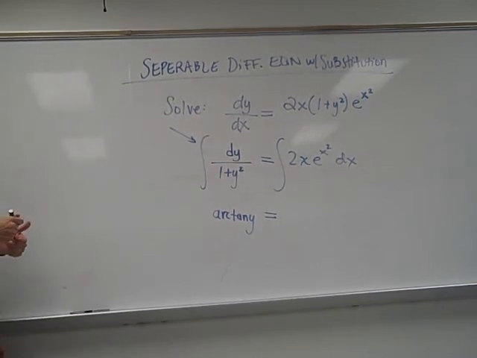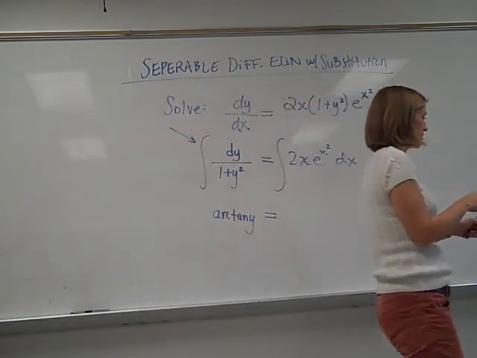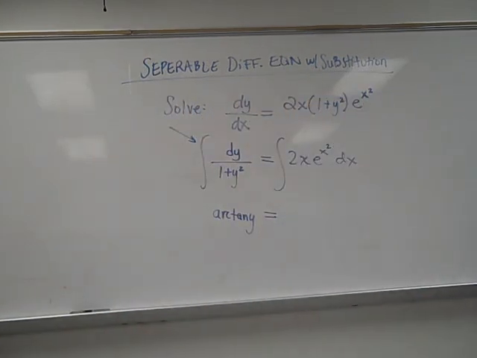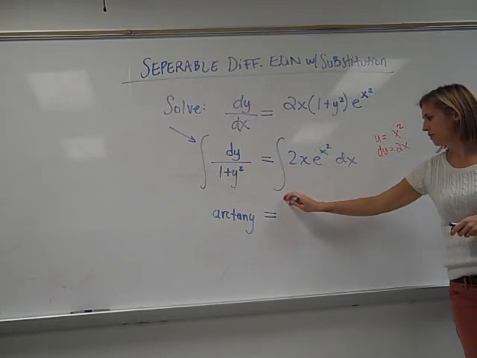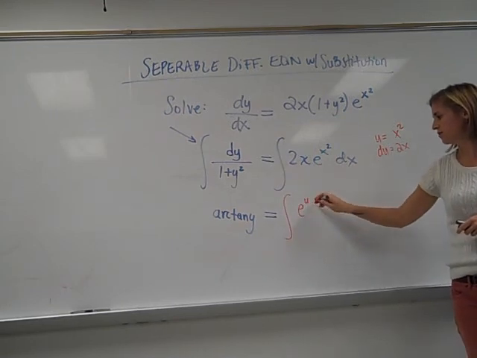And now on the other side, it's not just a simple integration problem. It requires substitution. What would u be? x squared. Okay, u is going to be x squared, so du is 2x dx. Again, it's pretty simple because I don't even have to insert anything. So I will just rewrite this as the integral of e to the u du.